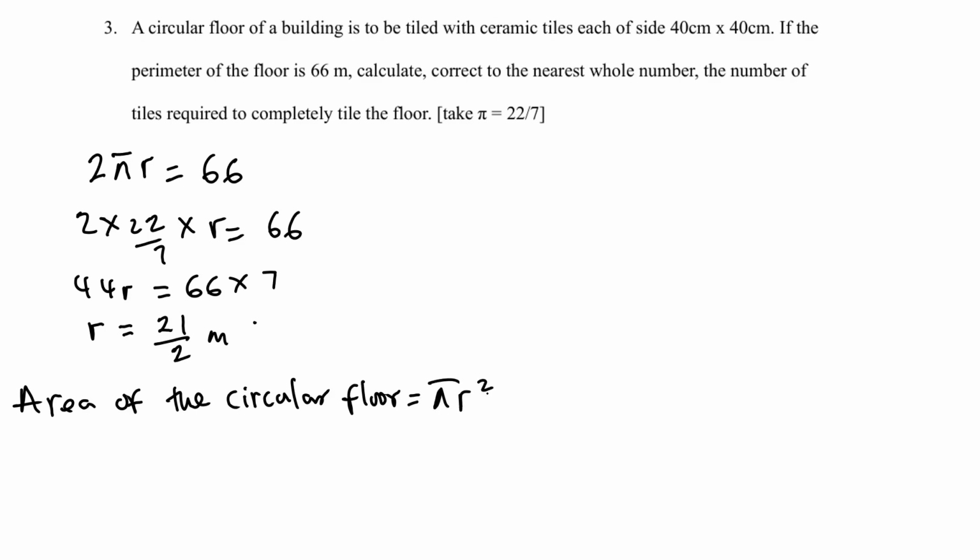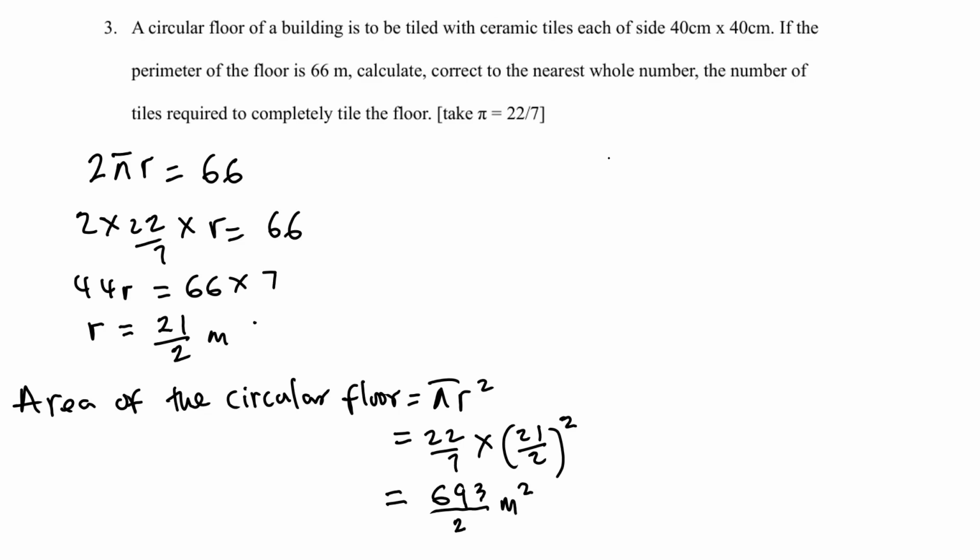So our pi is 22/7 times 21/2 square. So this will give us 693 divided by 2 square.